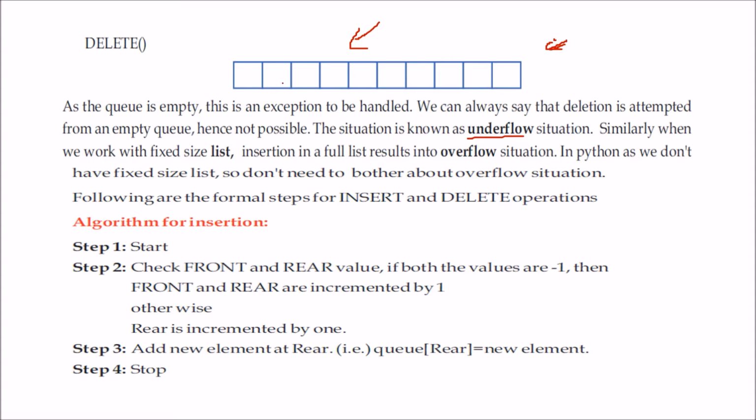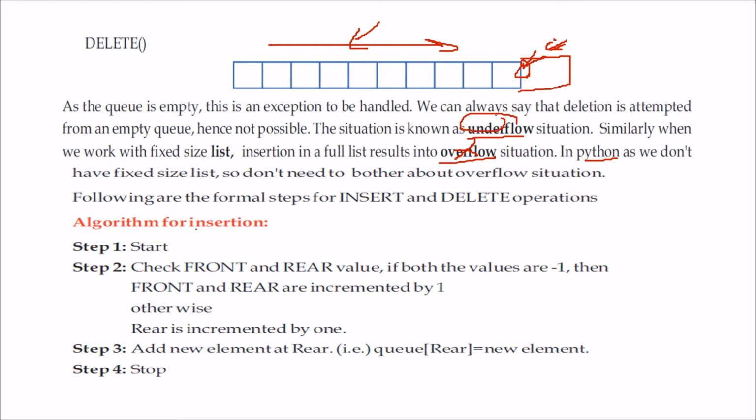So whenever you want to add one more element in an array, and if this array is full, you will encounter overflow, because there is no place to add. But in languages like Python, we don't have to deal with overflow, because the list can be extended. But we have to deal with the underflow condition.